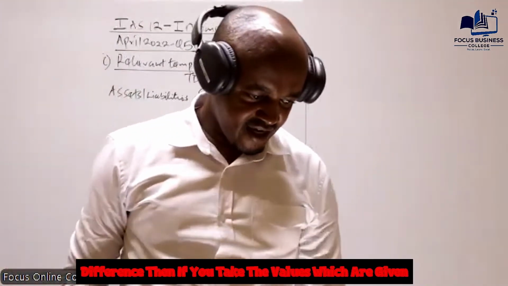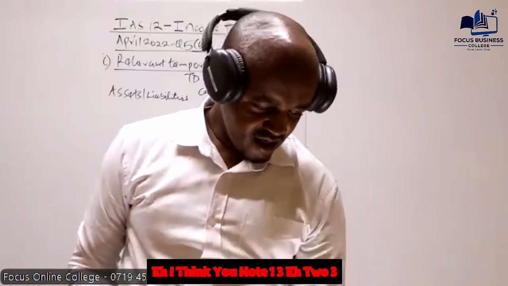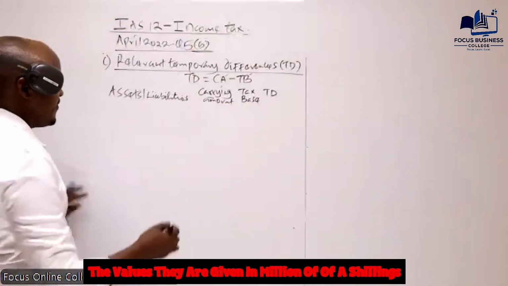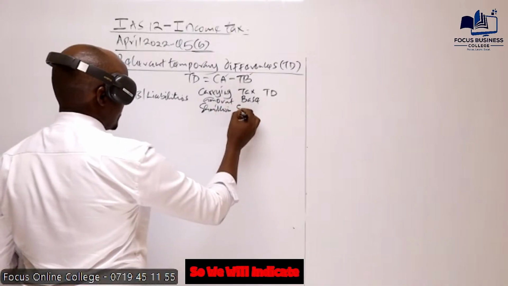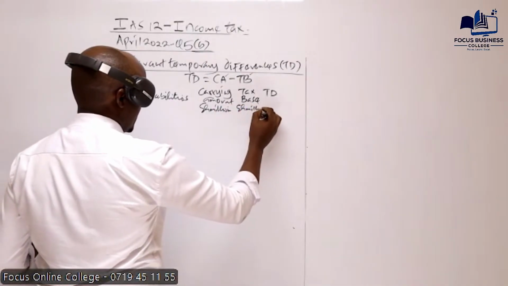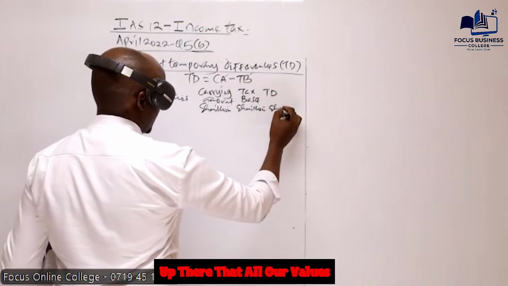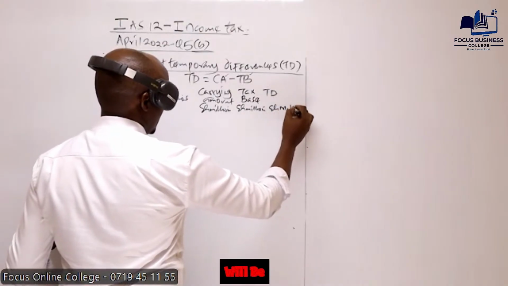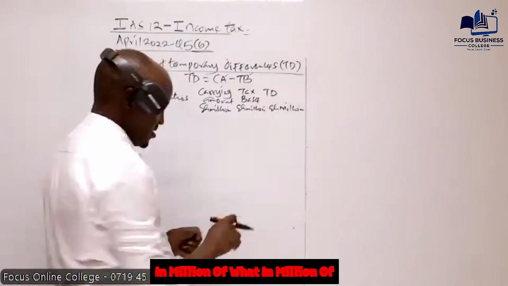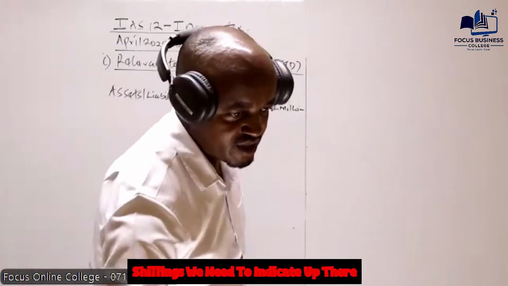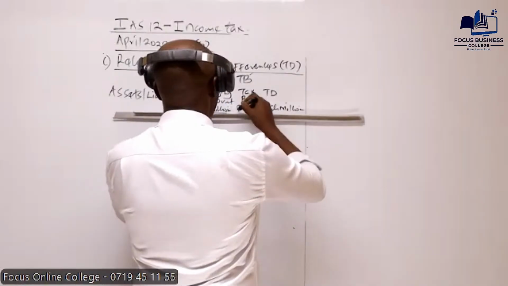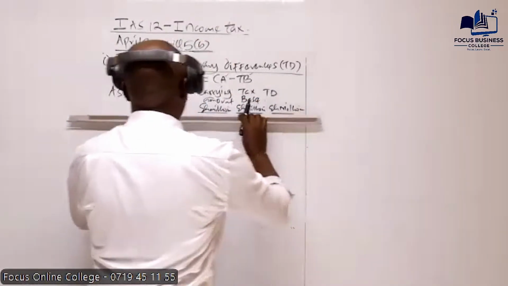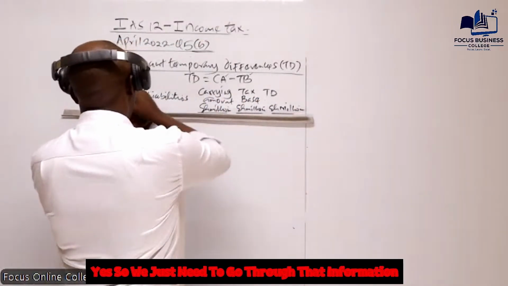The values given in the notes are in millions of shillings, so we need to indicate up there that our values will be in millions of shillings. Yes, so we just need to go through that information.